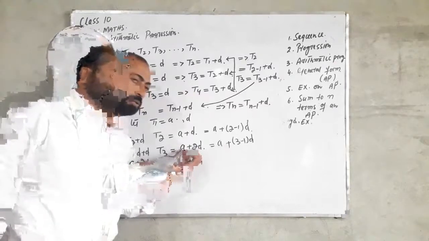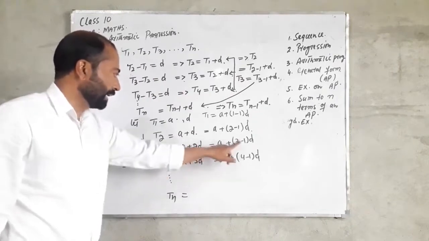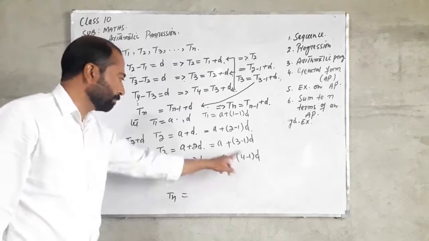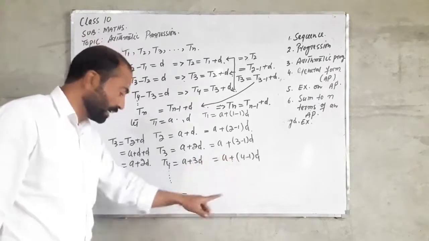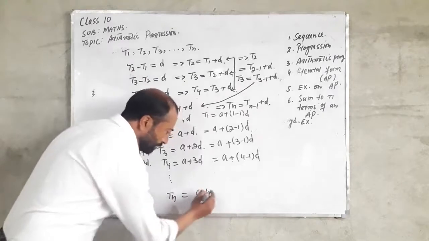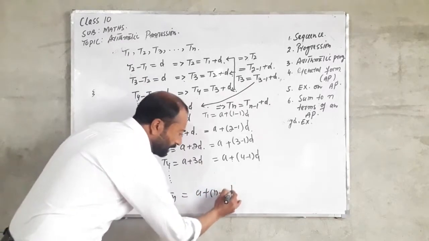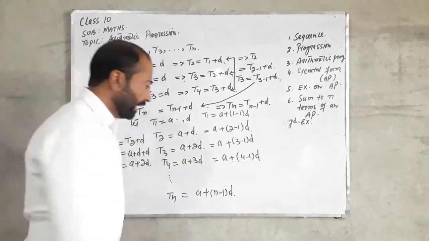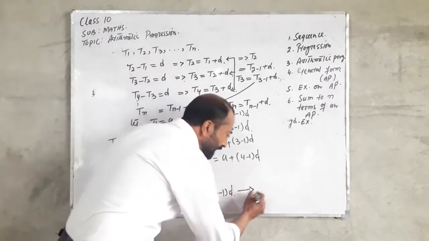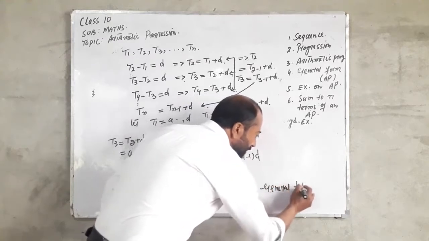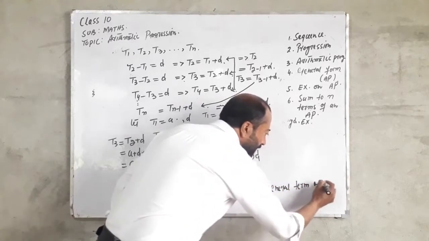Third term is A plus subscript minus 1 into D. Fourth term is A plus subscript minus 1 into D. In the same way, you can write the nth term, that is A plus n minus 1 into D. This forms the nth term of this AP, and we call this nth term the general term of an AP.